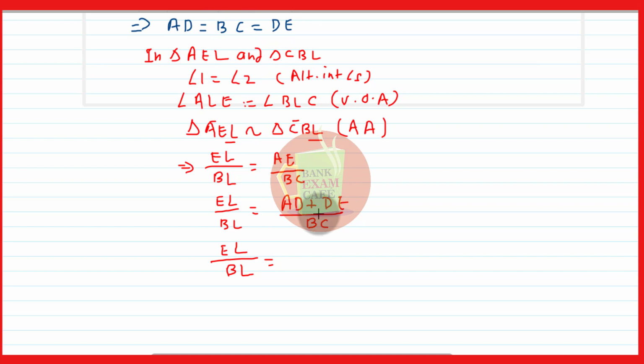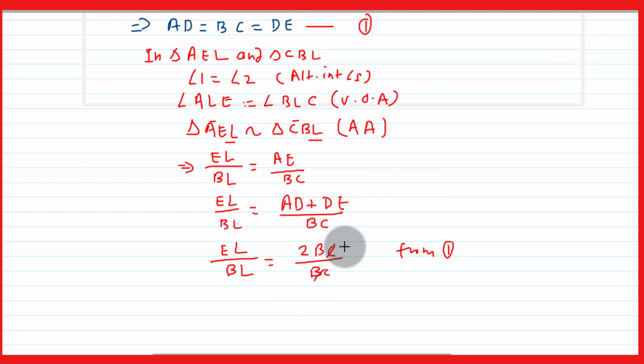So BC plus BC will be equal to twice of BC. This is from 1, name this as number 1. And so upon BC, this BC and BC will get cancelled. Take BL to the other side. So you will get EL is equal to twice of BL, and hence it is proved.